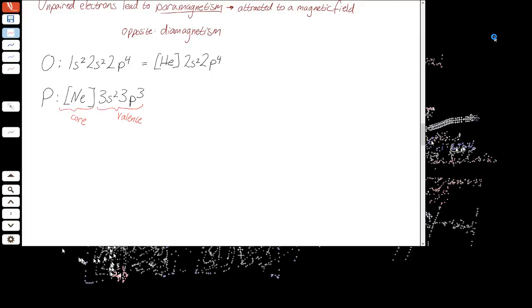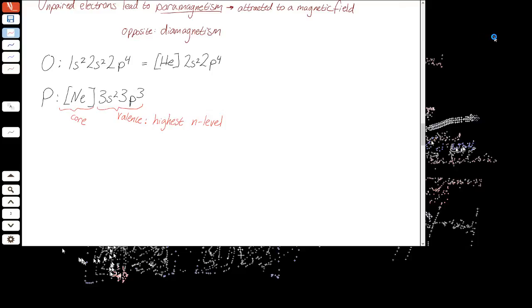Why do you think the valence electrons are the most important? Yeah, they are in the outer shell. So specifically the valence electrons are in the highest n level, and they include all subshells in that highest n level.